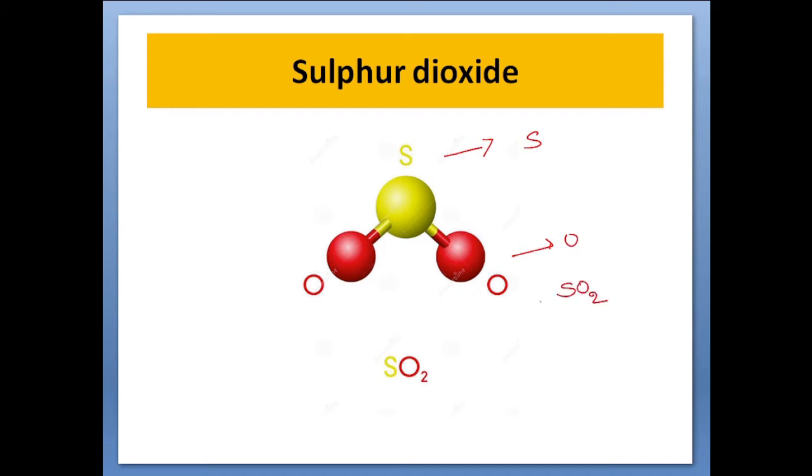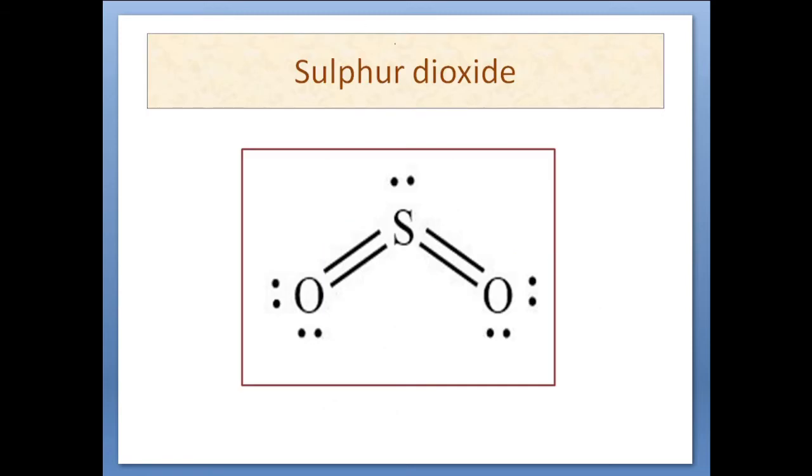Sulfur dioxide molecular structure. It is a structural representation of a sulfur dioxide molecule. In this, between sulfur and oxygen atoms, two bonds are there. See here, two bonds are there, and here also two bonds are there.